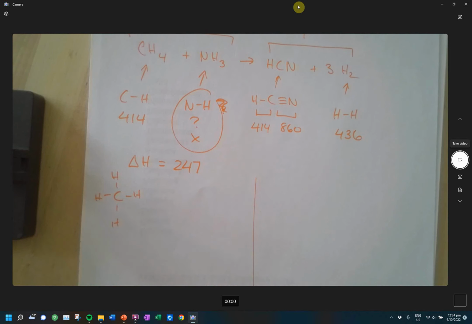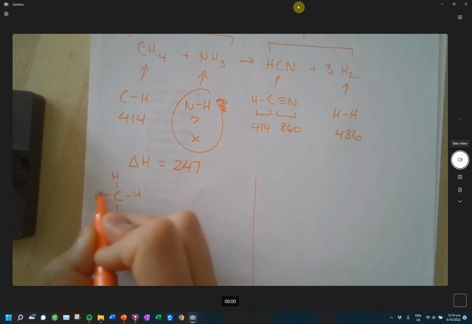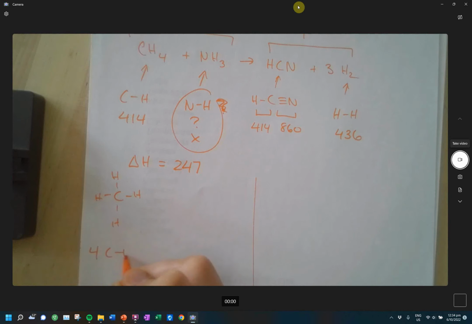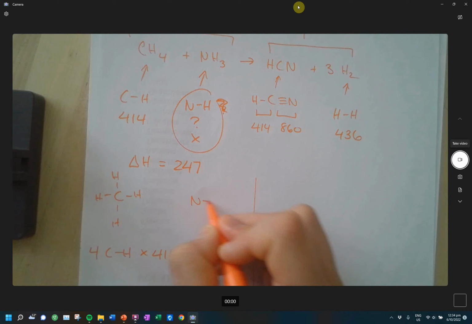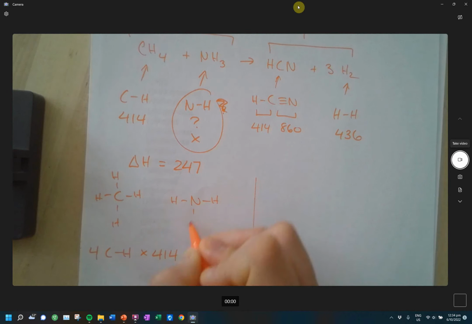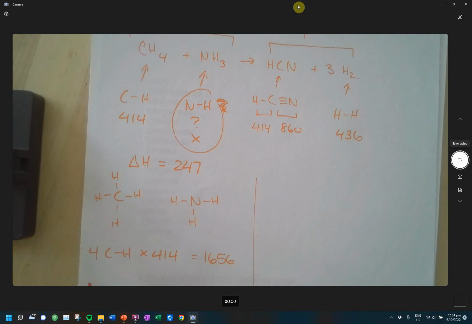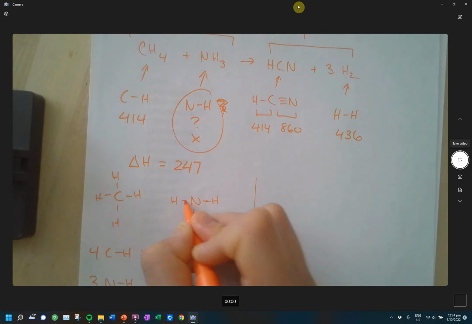If I count out how many bonds I have, I have 1, 2, 3, 4 of the CH bonds, and we're multiplying that by 414. Cool. The other one we have is our ammonia, which is here. In this case, we have 3 of them. When I count them, 1, 2, 3.